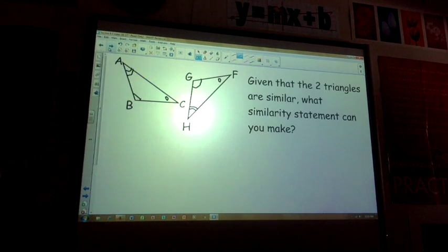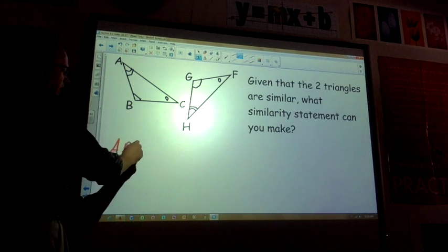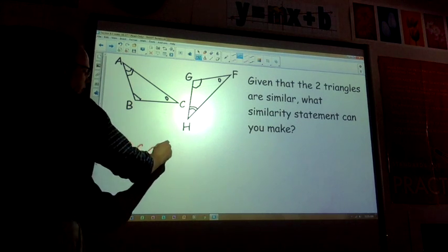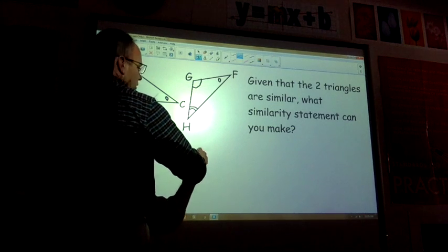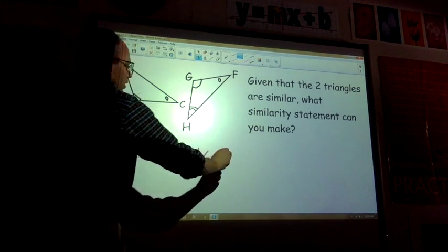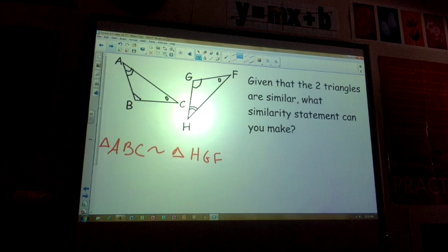All right. Given the two triangles are similar, what similarity statements can you make? So what angle goes with what angle? If I were to say triangle ABC is similar to triangle, what's the order I have to say it in? HGF. Does everyone make that work? Because the angle dictates the order we have to say it in.